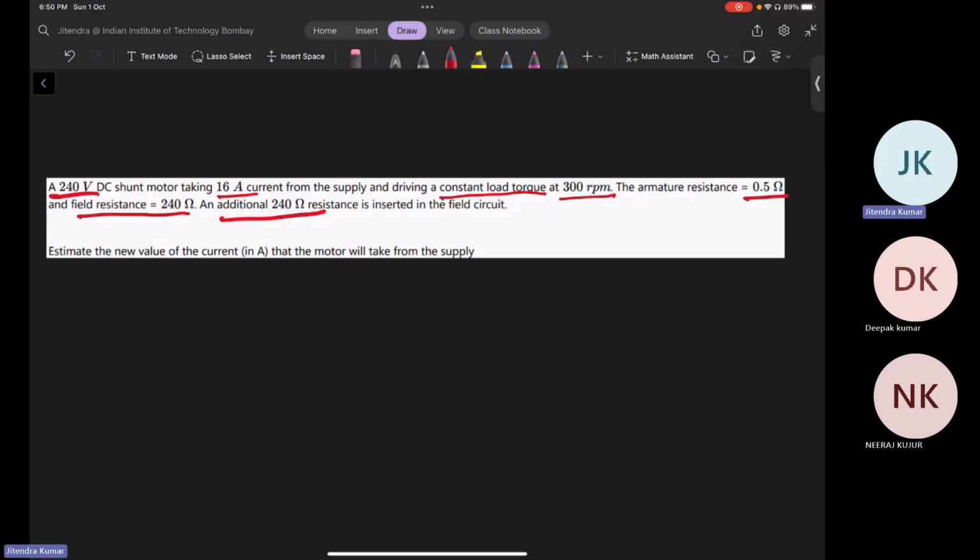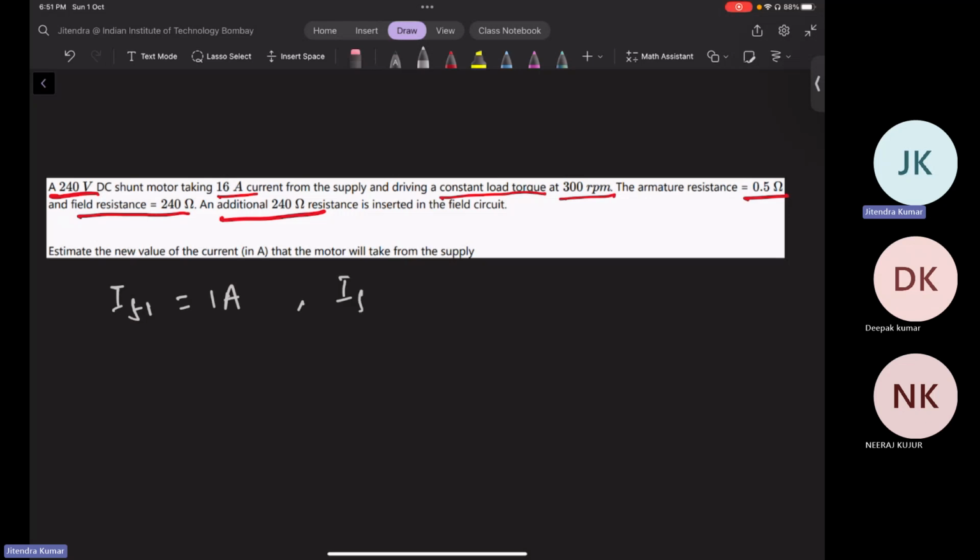So now the first part is you have to find the current that the motor will take from the supply. Okay, when you have inserted that amount of resistance to maintain the constant load torque, how much current will the motor take from the supply? So let us proceed with if1 was 1 amp initially.